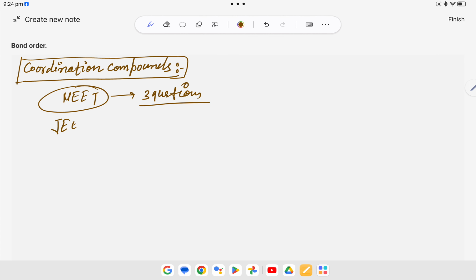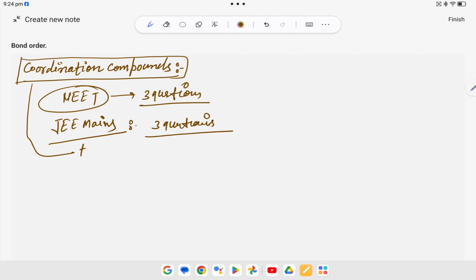In JEE Mains, D block and F block combined, three questions, meaning this chapter plus D and F block combined has three questions. So it's an important chapter from the NEET exam point of view, and for JEE also, D and F block along with coordination compound, three questions.